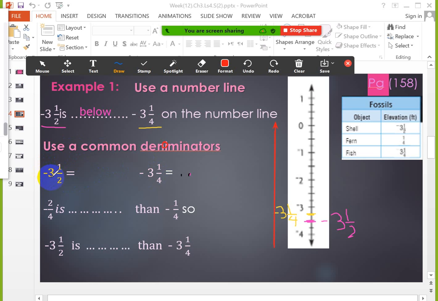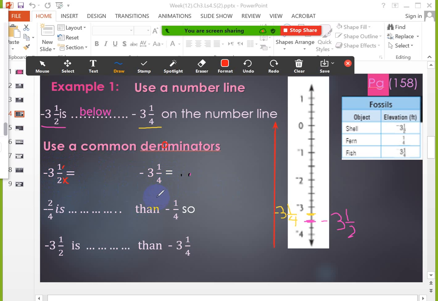So if I want to compare between those numbers, I can compare between the fractions here, 1 over 2 and 1 over 4. You remember, to make the denominators the same, I have to make one of those denominators like the other. So here I can make 2 like 4. So let's multiply it with a number. So it will be 4.